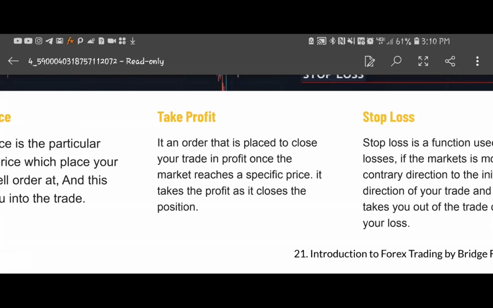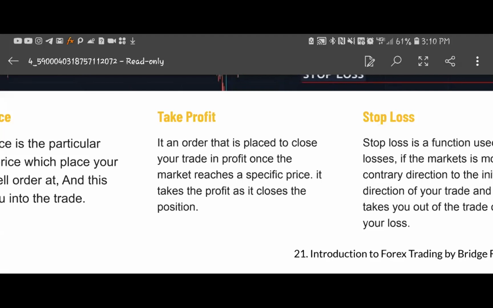So for take profit, let's say we want to use 10 pips right now. The take profit for 10 pips from the current price of 1.1795 will be 1.1805.